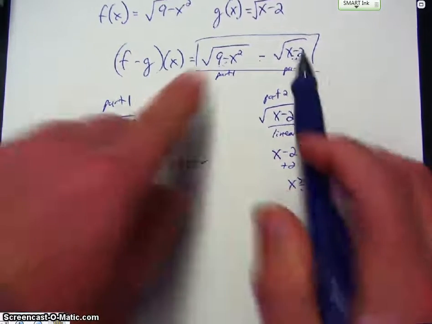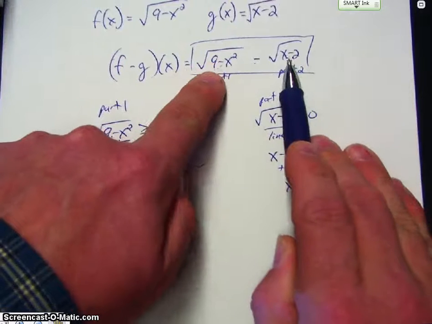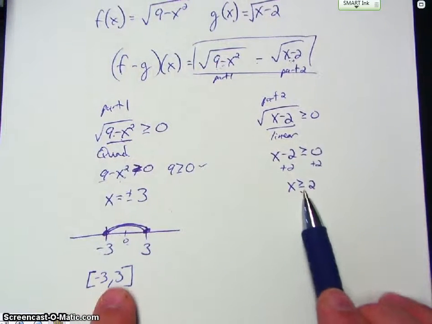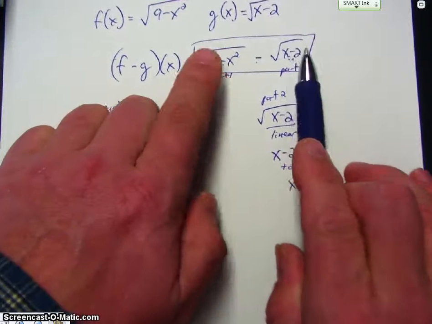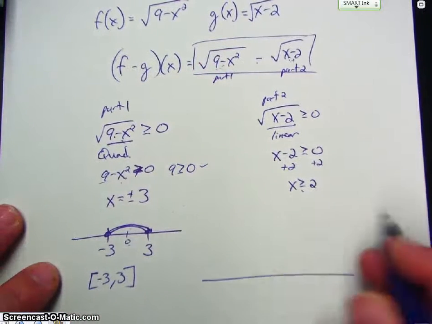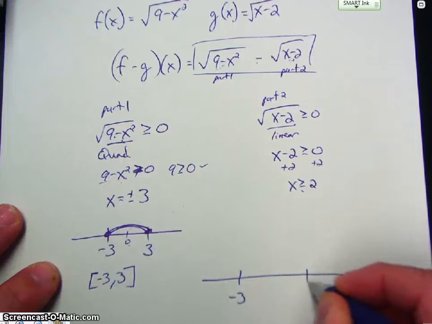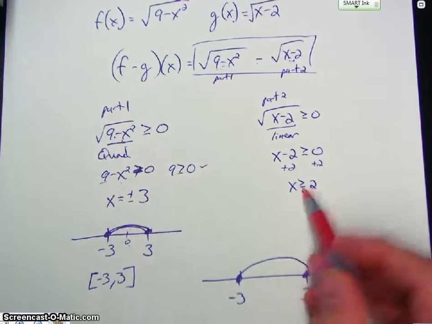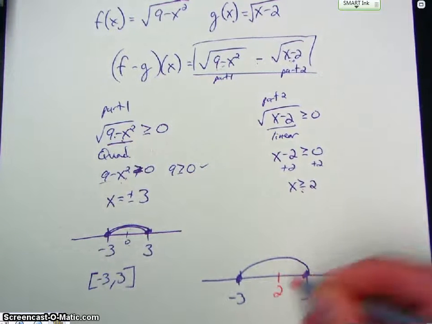Now, since both of these are in the same function, I have to combine these two, because both parts have to be true. So I'm going to take this number line. I have -3 to 3, this is from part 1. Part 2 tells me that x is greater than or equal to 2.